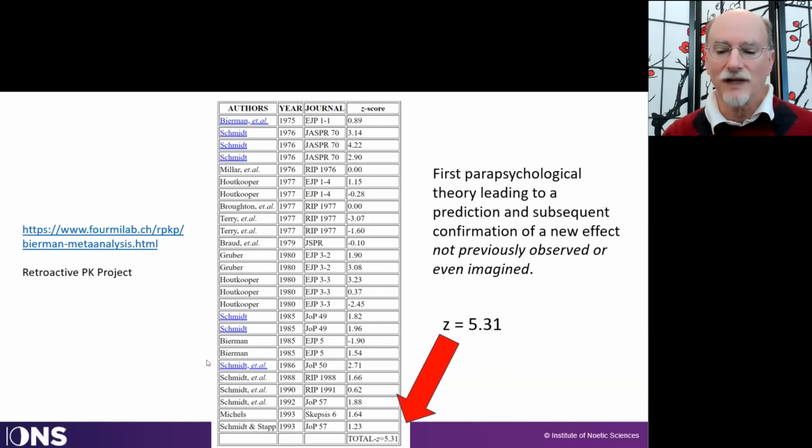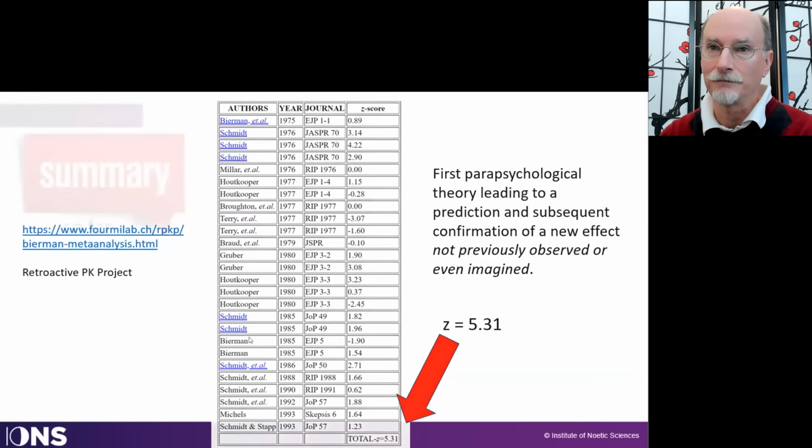So today within quantum mechanics, we have results like the delayed choice experiment, which again is showing there's some strange temporal effect going on here. But these were done well before the delayed choice effect was being studied in a parapsychological context, and it works just as well as it does in the delayed choice experiment.